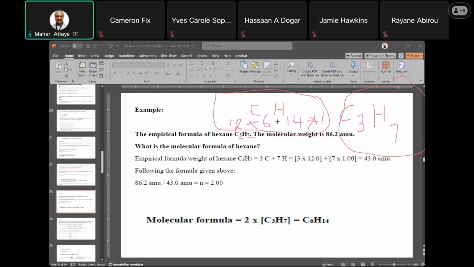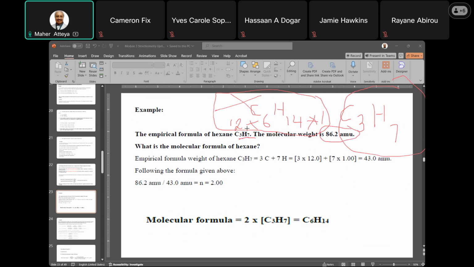It gave you that the molecular weight is 86, but we need to get the true ratio. That is not given yet, but it gives you the reduced formula, the empirical formula.